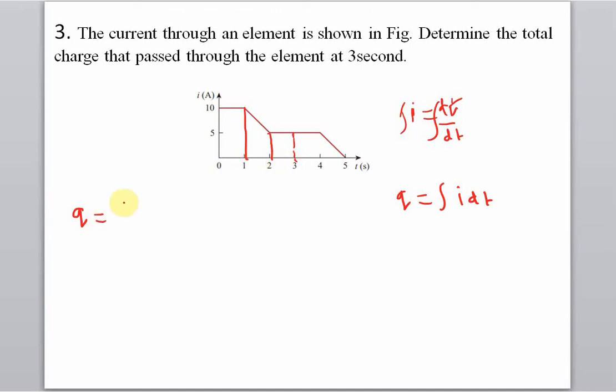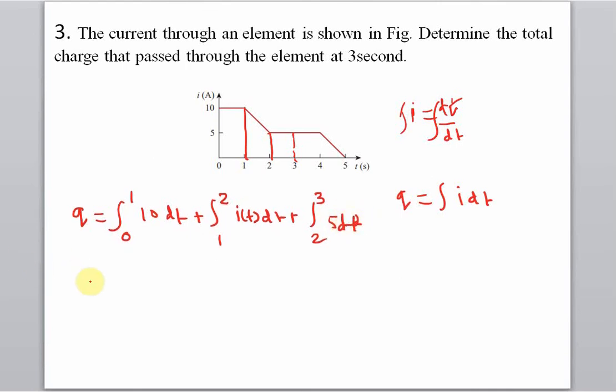So we can write from 0 to 1, 10 dt, plus from 1 to 2, I t dt, and in the third region from 2 to 3, 5 dt.